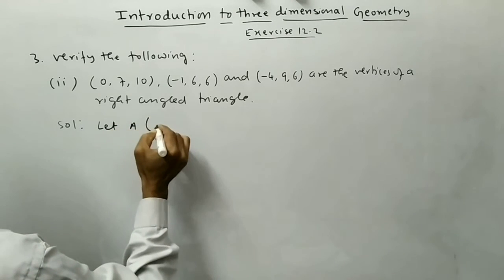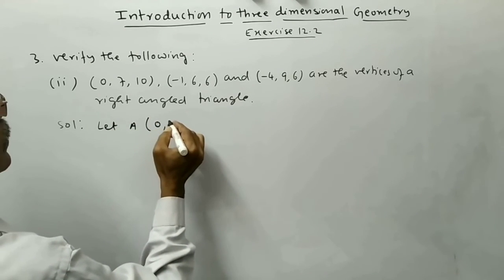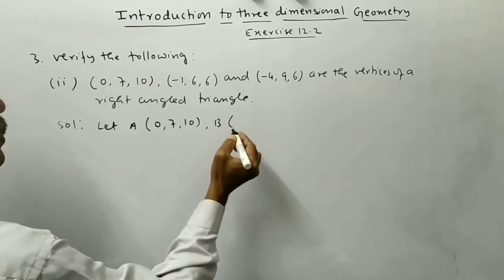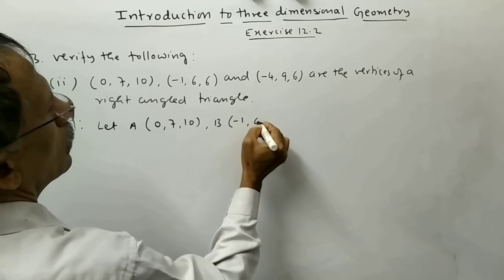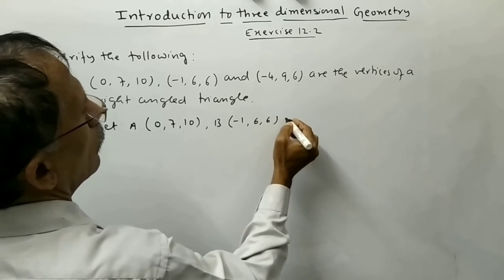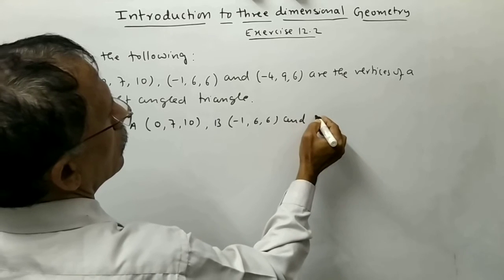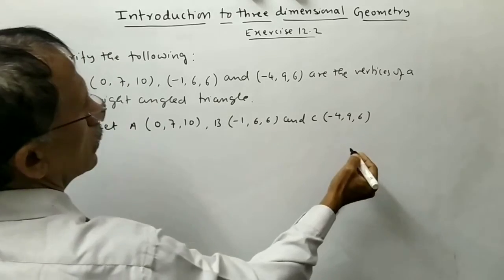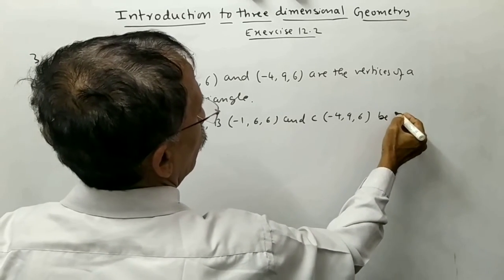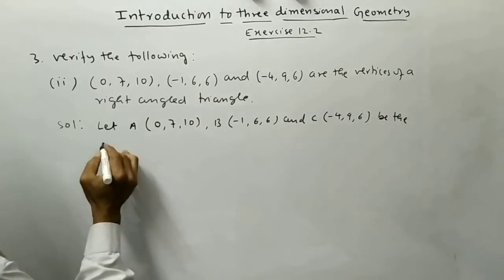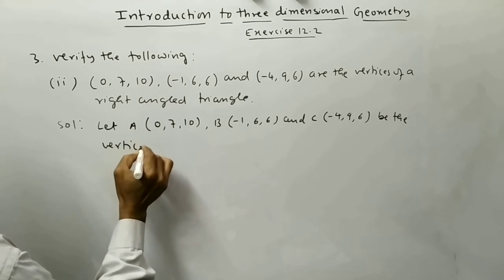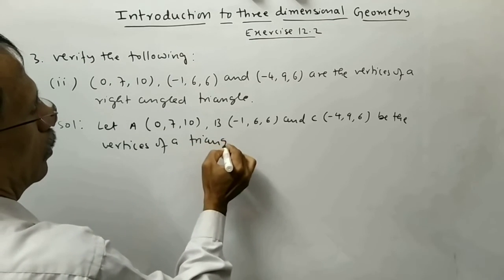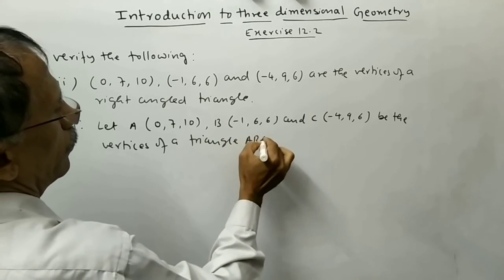Let A with coordinates 0, 7, 10, B with coordinates -1, 6, 6 and C with coordinates -4, 9, 6 be the vertices of a triangle ABC.